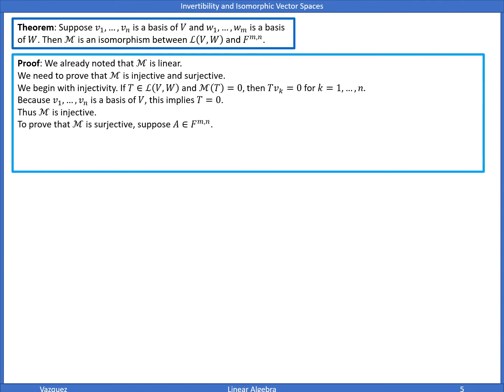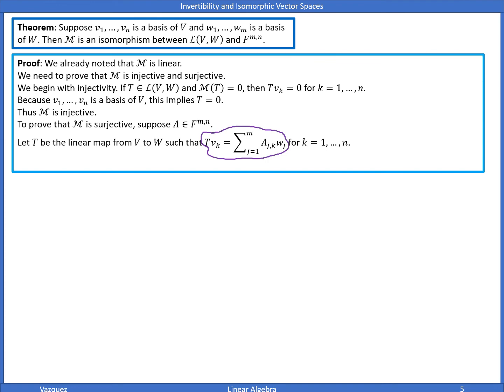And to show surjectivity, suppose A is a matrix with dimensions m by n. Let T be a linear map from V to W such that T of Vk is equal to the sum of all this. I'm not going to explain it; we know this from the last lecture on matrices.